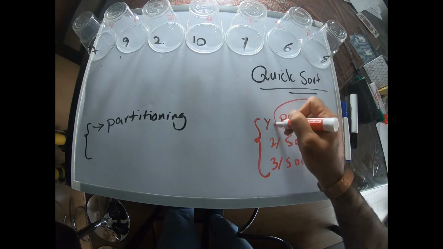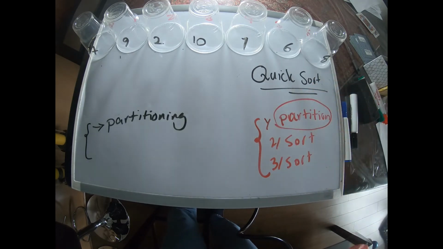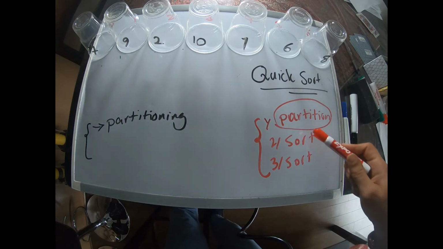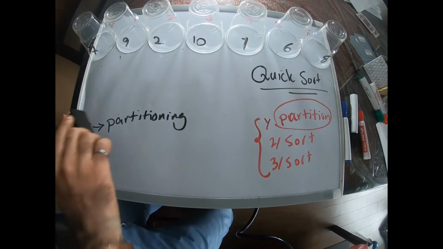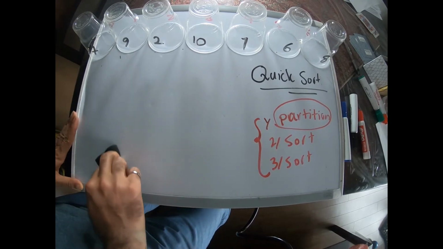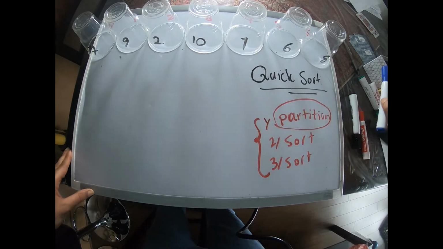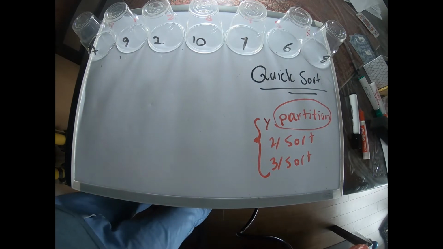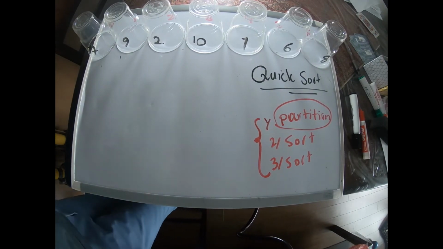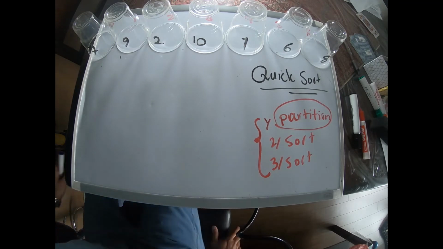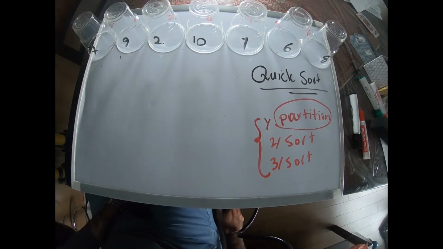But there is a second function that does the partitioning, which is what I'm going to explain. There are different ways of implementing this one. Let's say that we have an array that's not sorted. We choose one of the elements of the array. There are different methods to choose that element.